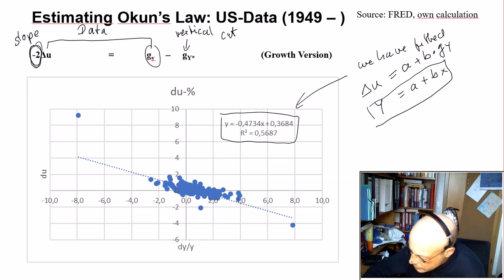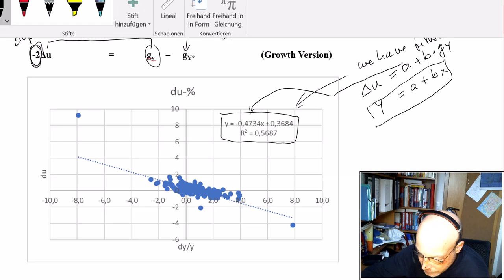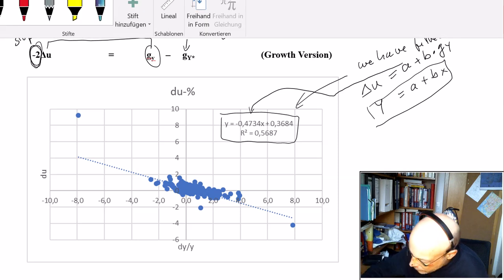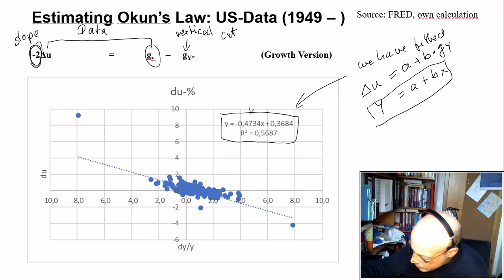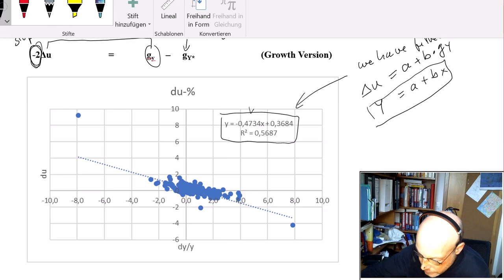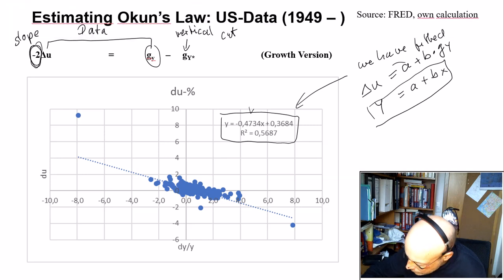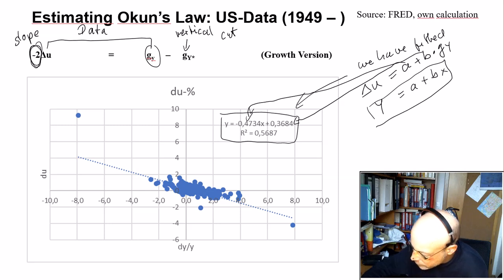So this number is our minus 0.4. No, this is 0.36. Sorry. The A is this one, and this is the minus 0.36.